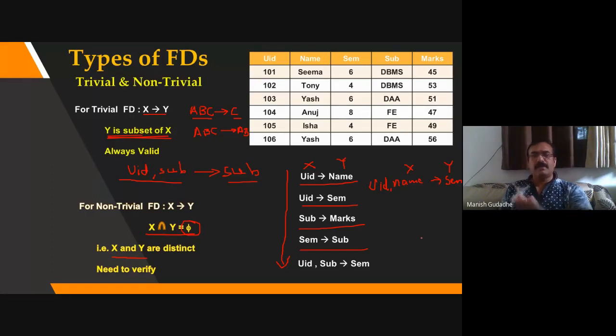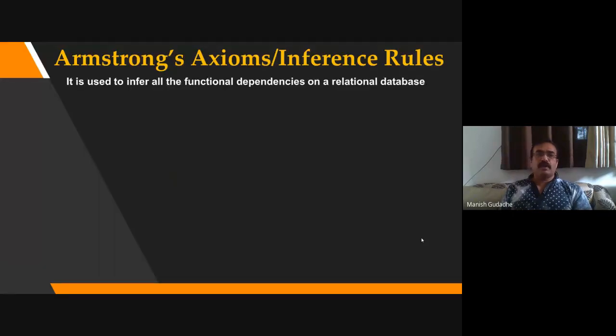These are some limited FDs on this relation I have listed out. But there is a possibility of many other FDs which may hold for this relation, which will be inferred from this list of FDs. How it is possible, that we are going to learn with the help of Armstrong's axioms or inference rules.